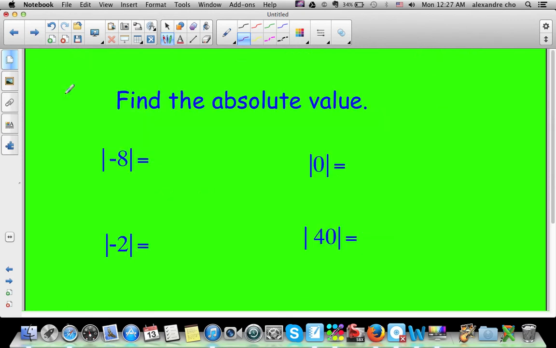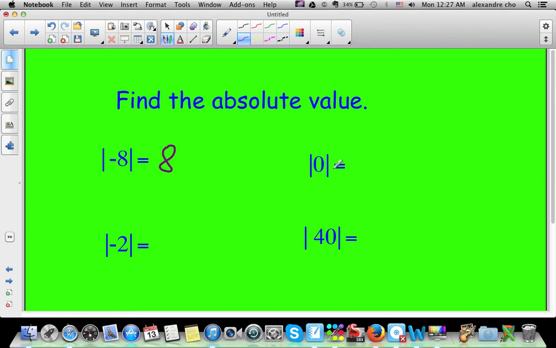Next page. Find the absolute value. Okay, this should take literally 10 seconds for you to do. Okay? So, press pause. Alright, so find the absolute value of -8. So -8, how far is it from 0? It's 8 steps away from 0.